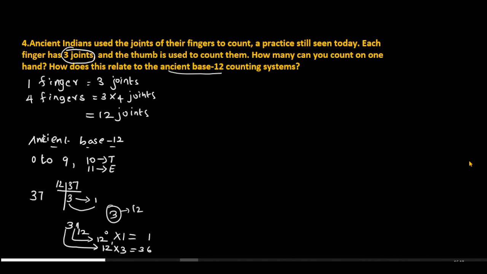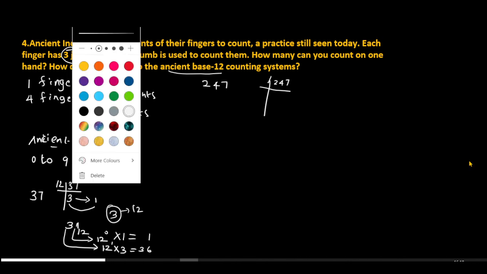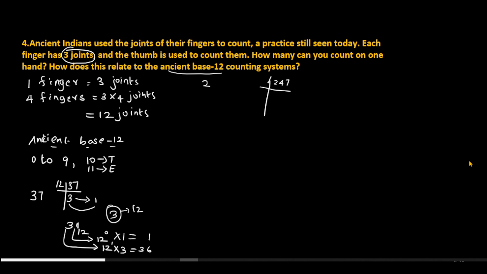For example, take a 3-digit number, 257. Take your long division. 12 twos are 24, remaining 1.